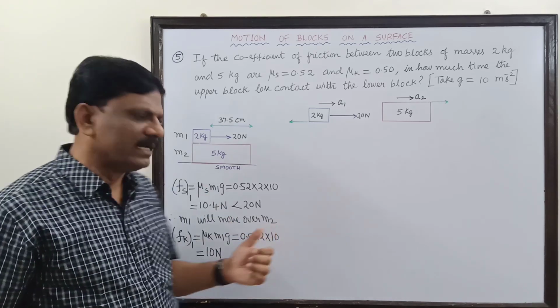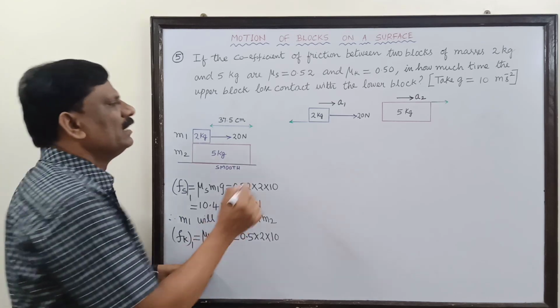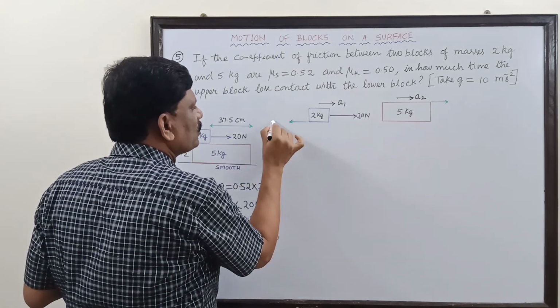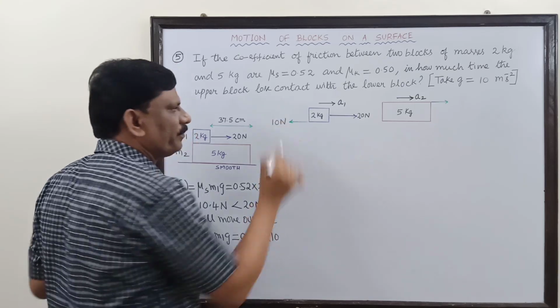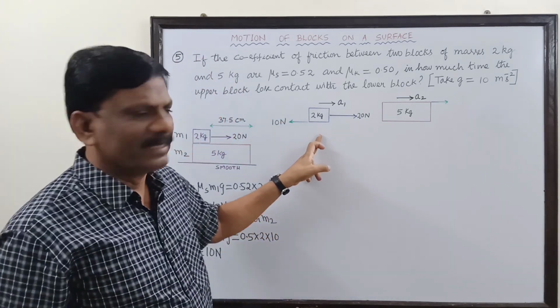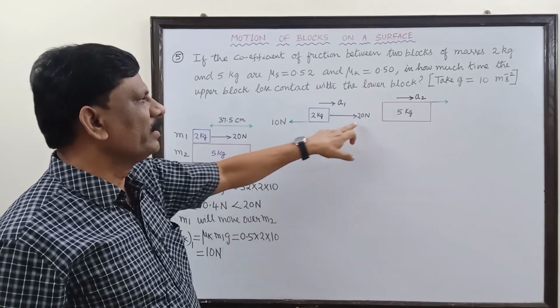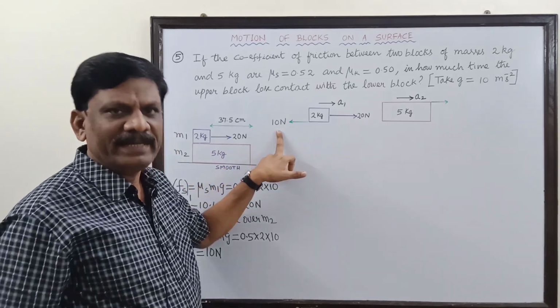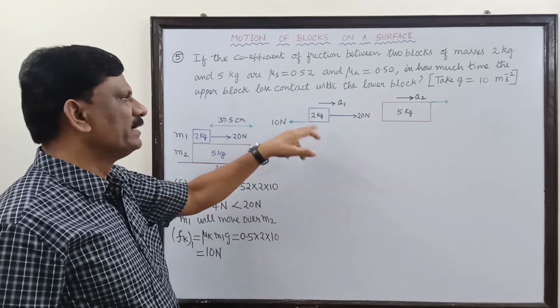So this 10 Newton of force is acting in a direction opposite to the applied force. So this is the free body diagram for the first mass 2 kg. 20 Newton is the applied force and 10 Newton is the kinetic frictional force which is opposing its motion.